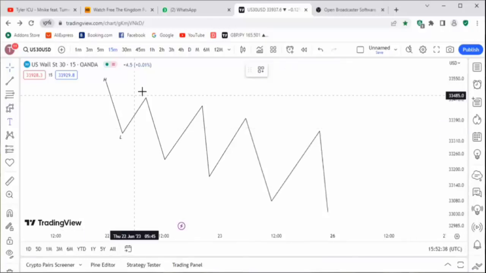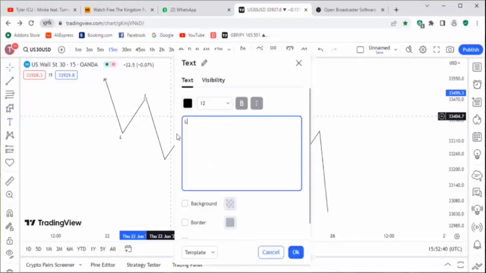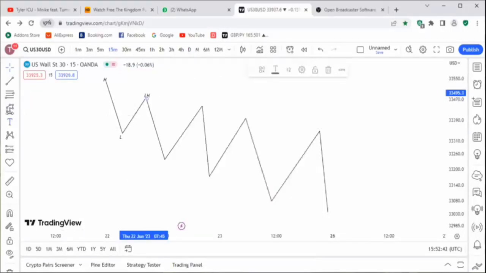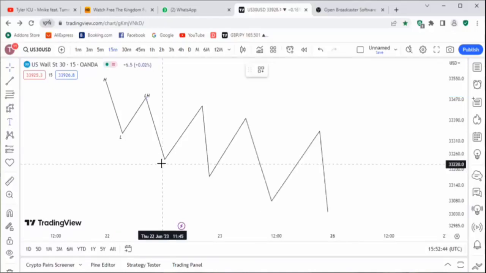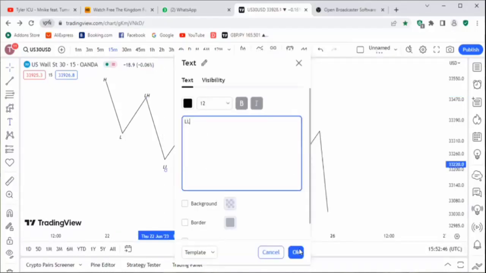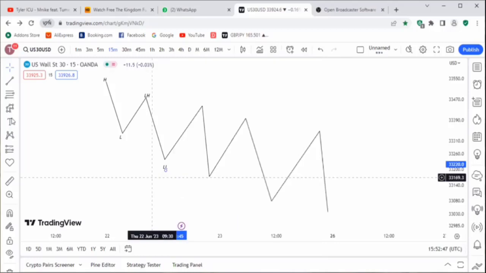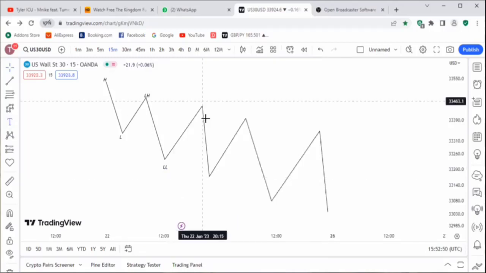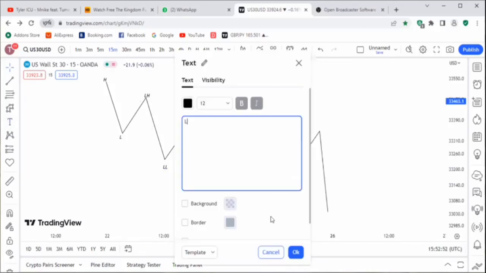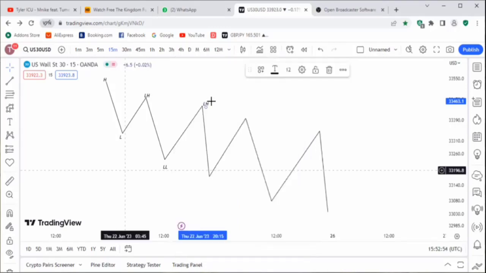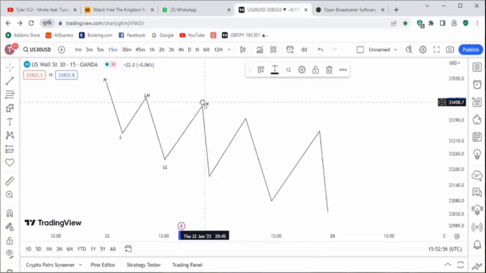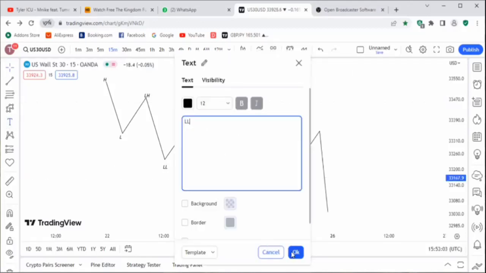This is going to be our lower high. This is going to be our lower low. Lower high. Lower low.